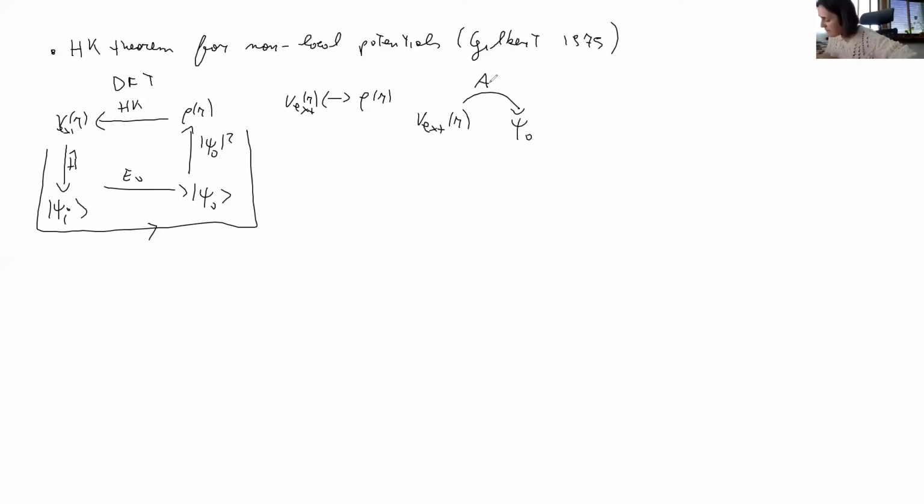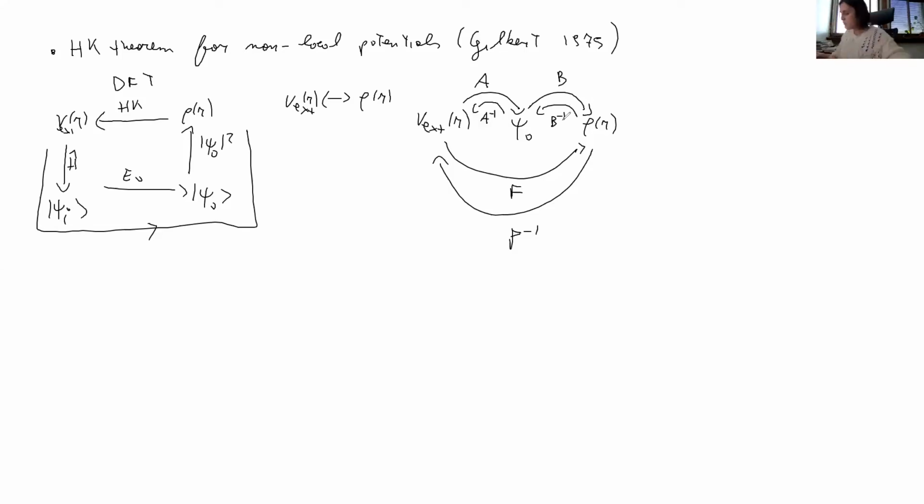We call it A. Then from the ground state many-body wave function, you have a map to your density, called B. And this is the full map F. So we said that Hohenberg and Kohn can demonstrate that this is invertible. And to do this, they did two steps. First, that A is invertible, and then that also B is invertible. Now, Gilbert tried to do the same for RDMFT.